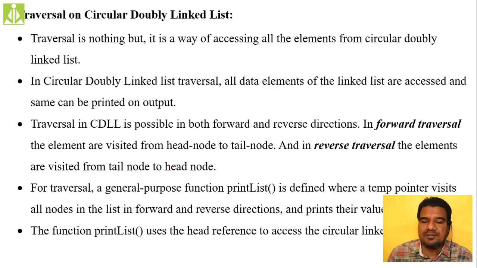First of all, we have to implement this circular doubly linked list with 3 nodes, and then we see the traversal, then the search function, then adding and deleting. First we'll see how we can do the traversal. Before traversal, as I said, I have to create a circular doubly linked list with 3 nodes.